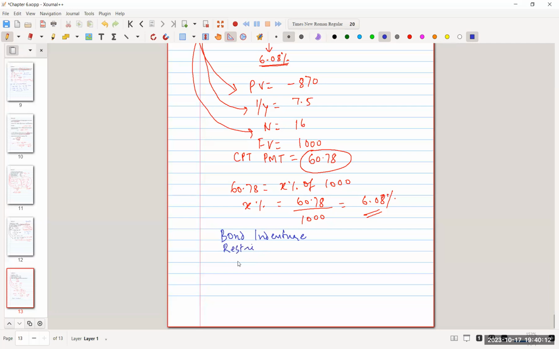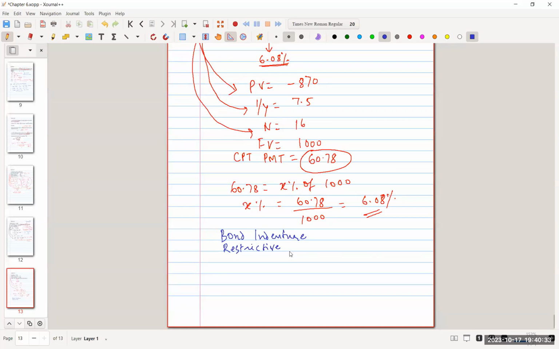Read about that. The general idea is that restrictive covenants, just the word restrictive tells you that anytime a lender would lend their money to somebody, they would want to make sure that their money remains safe. So they will not want the borrower to do some activities which they deem risky.